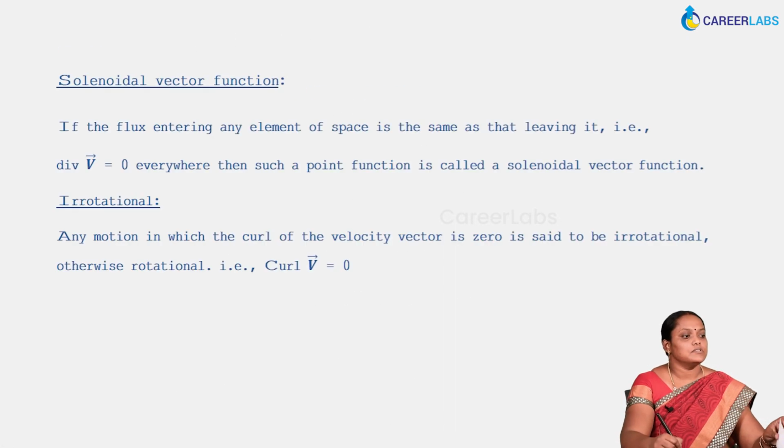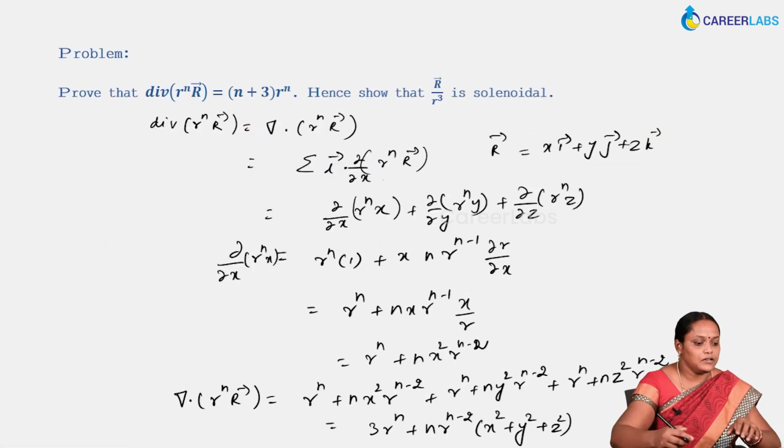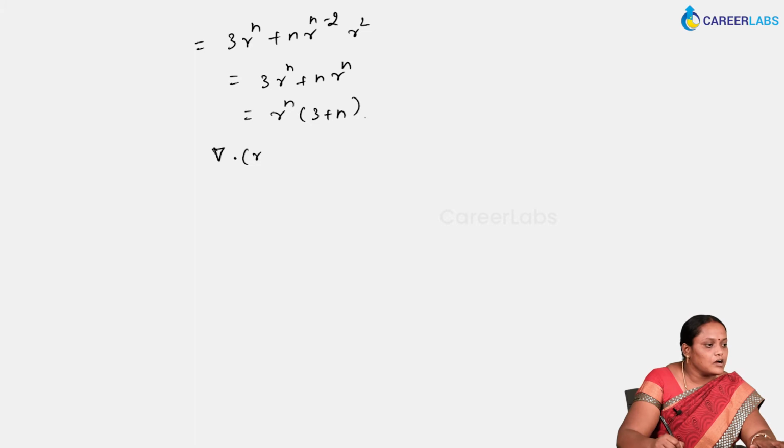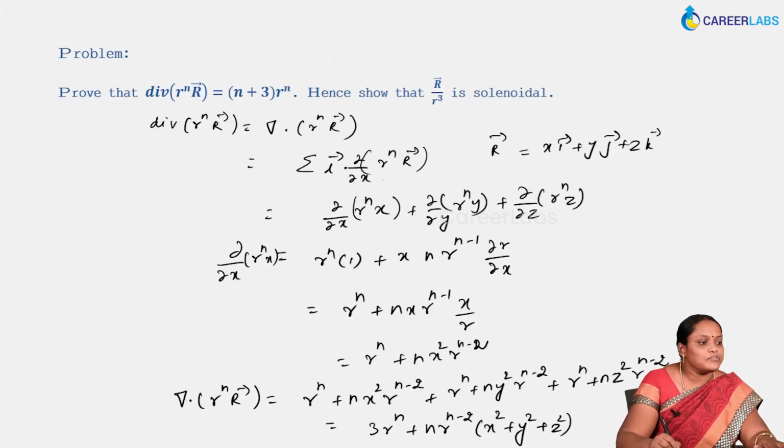So the value of del dot r^n r vector is r^n times (3 plus n). After finding this, we have to show that r vector by r cubed is solenoidal.